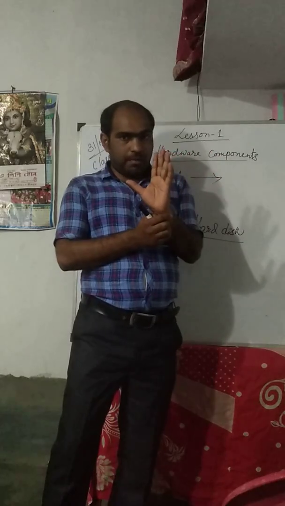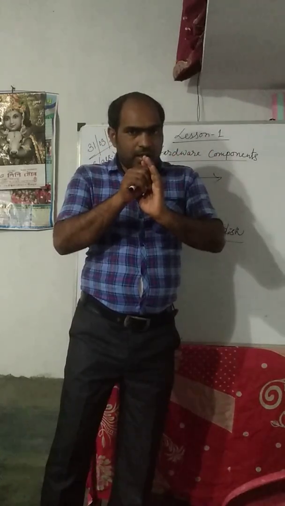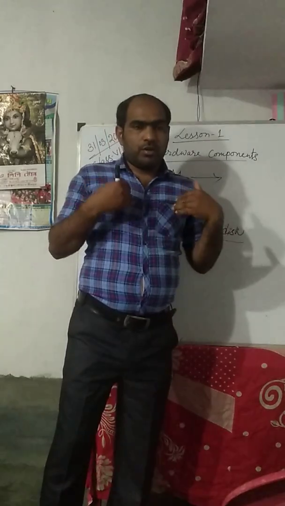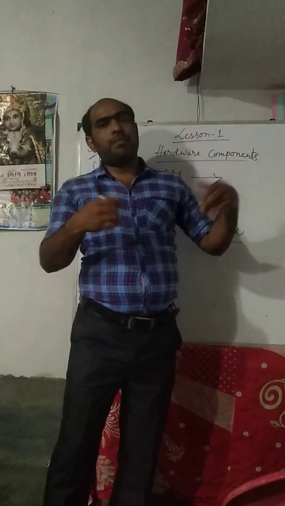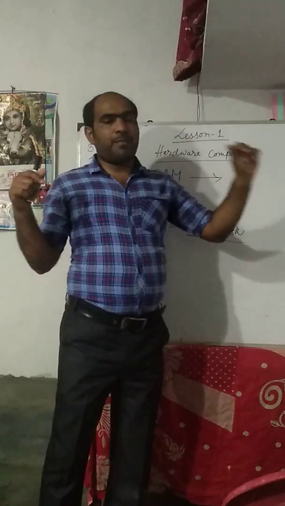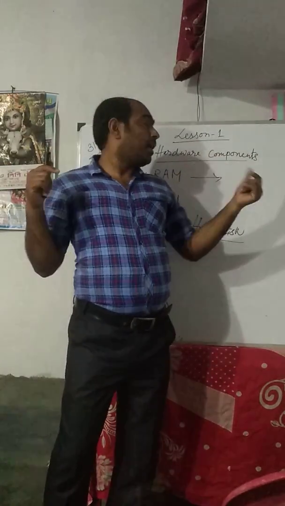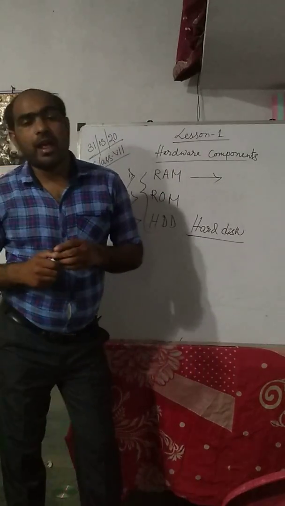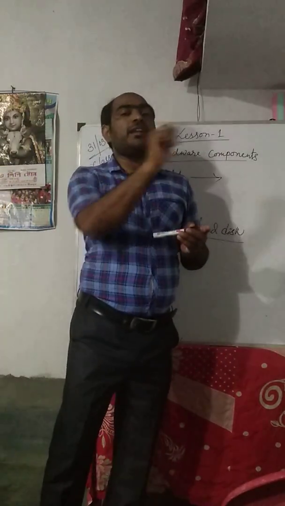Whenever you give data, RAM accepts it, but when switched off, the data is lost. It is not stored permanently. That's why we say RAM functions to read and write the data.